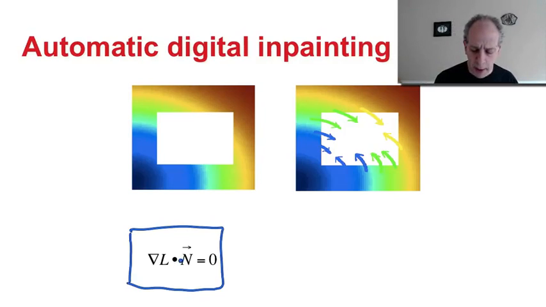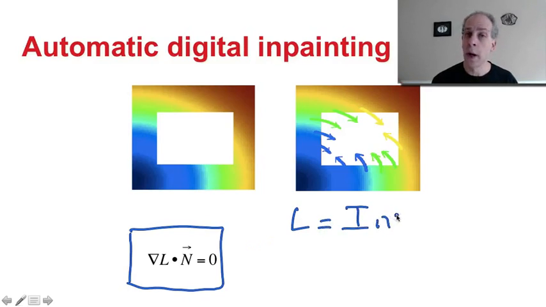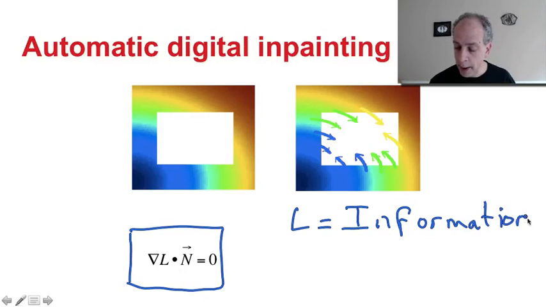So what's happening here? L is the information that we want to propagate. I'm not telling you yet what that information is. And N is the direction in which we're propagating that information.